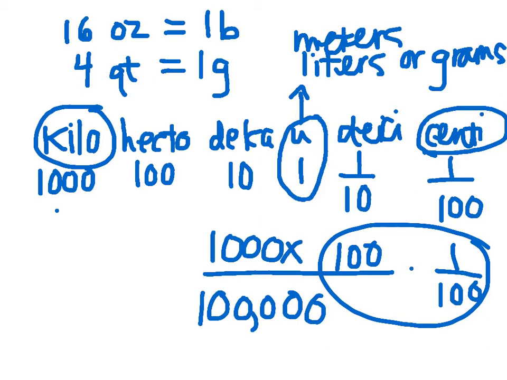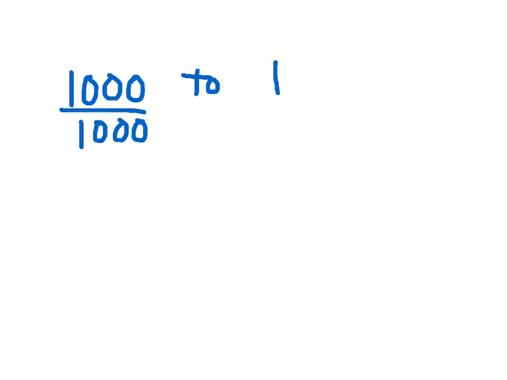To get from 1,000 kilometers to 1, I have to divide by 1,000. Okay? So 1, and I would have to do it here too.